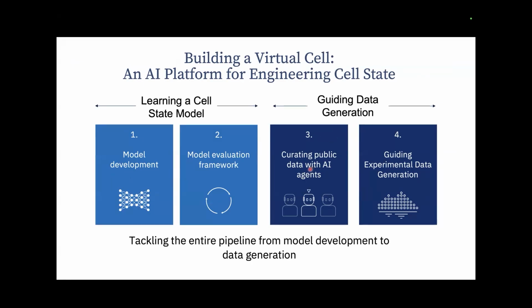And so I'll describe some work where we used AI agents to curate vast biological data repositories that can then be used to train these models. And I'll also describe, if we have time, some work we did in using agents directly to design genetic perturbation experiments in order to further optimize and arrive at phenotypes of interest.